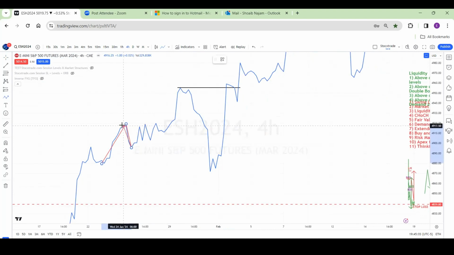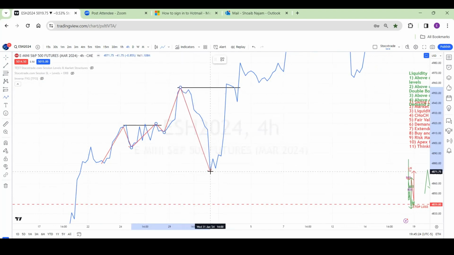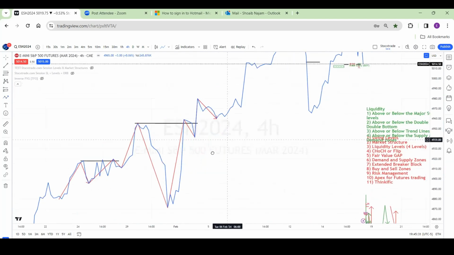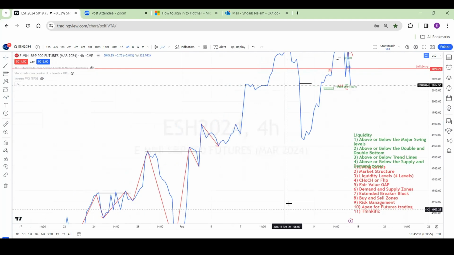This is not the high, because it is not breaking this. But this level, let me see. If you see this high, the previous high has been broken here. So the next is my high, whatever the highest point you can mark, then low, then high, then low, then high, low. In this way, you can mark your levels.